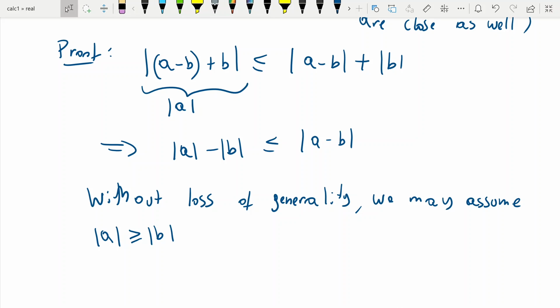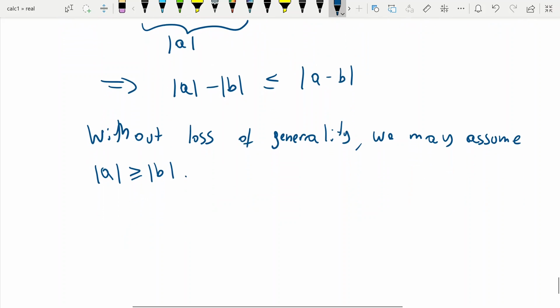And keep in mind that the absolute value of A minus B is the same as the absolute value of B minus A. Okay, so we can always assume that. I mean, one of the two must be greater than or equal to the other one, and you perform this computation above with that one.